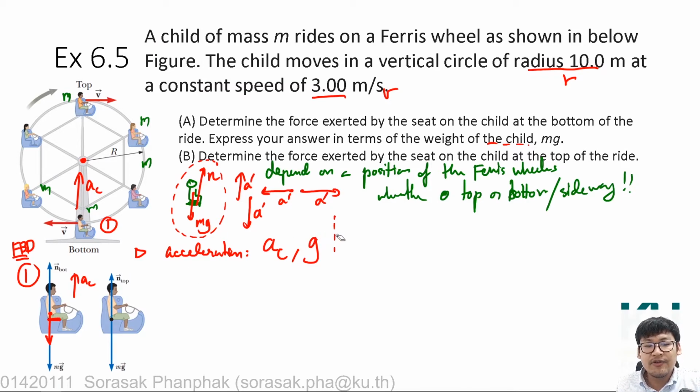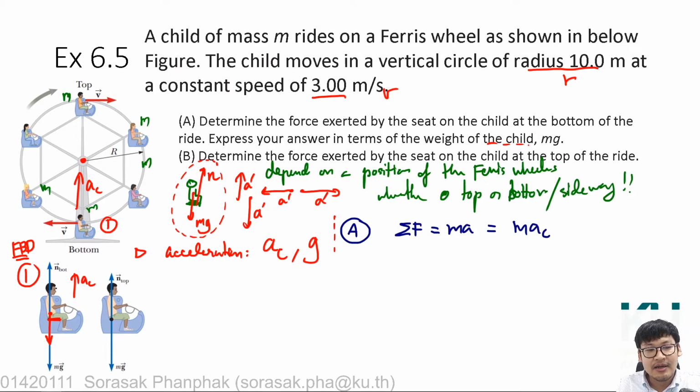So now, if you would like to determine the force exerted on the seat at the bottom of this first free body diagram, you can apply Newton's second law, sigma F equal to ma. Since the acceleration pointing here is the centripetal acceleration, this is equal to m a_c. So what is your sigma F?